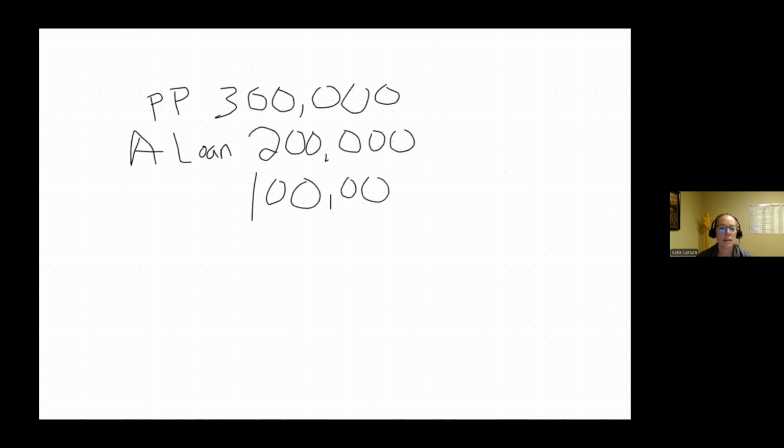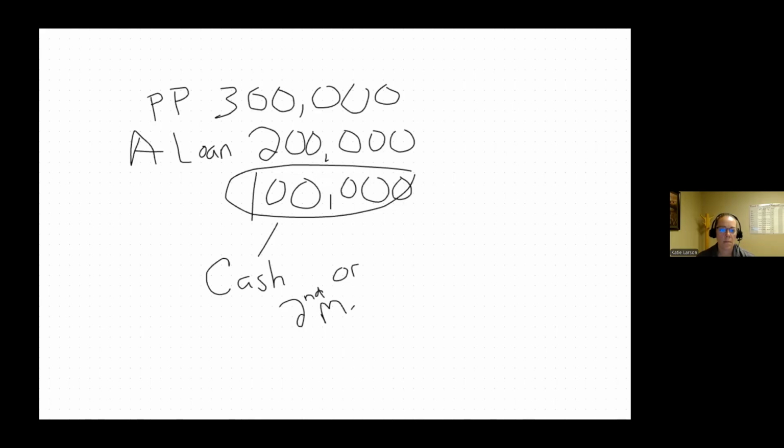Okay. This amount they have to either have in cash or a second mortgage. Okay. I'm sure there are other ways to do this, but these are the two most common ways.